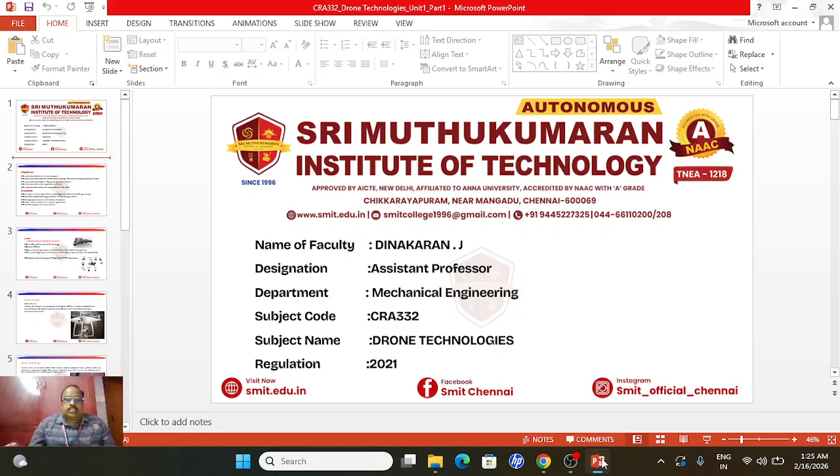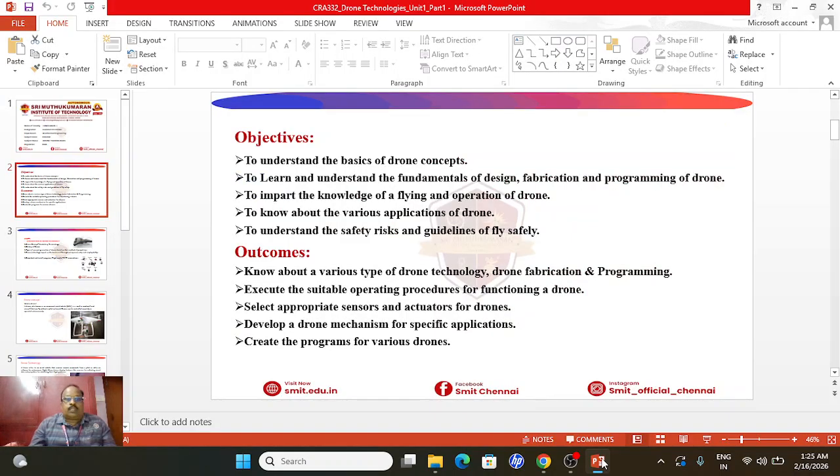This subject is coming for the three departments commonly. First and foremost, the objectives of the drone technology are to understand the basic concepts of drones and to learn the fundamentals, design, fabrication, and programming of drones.